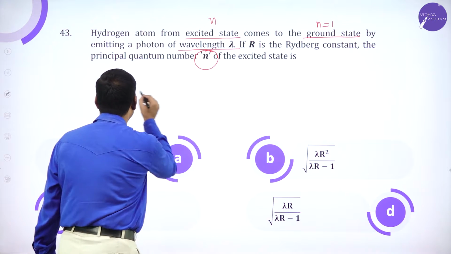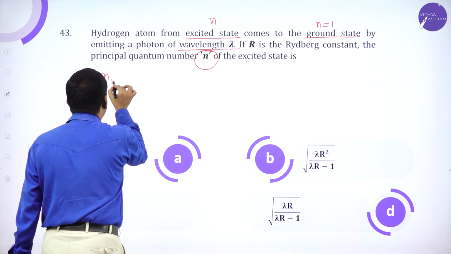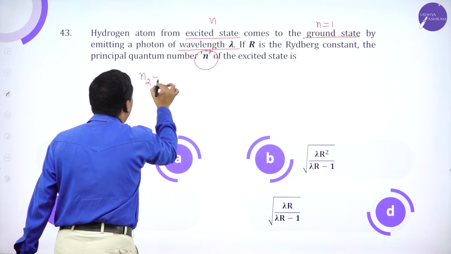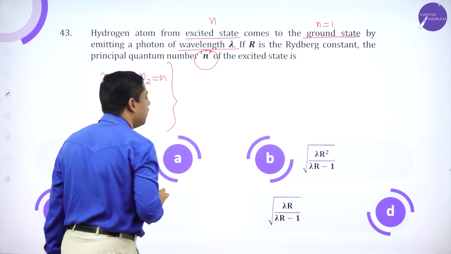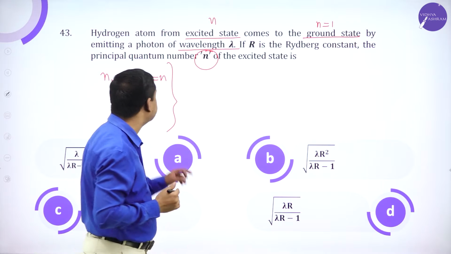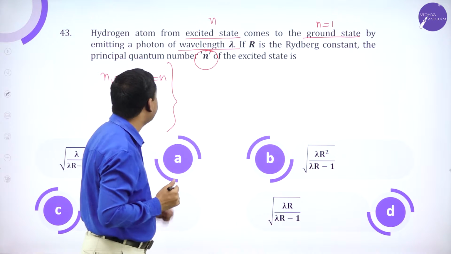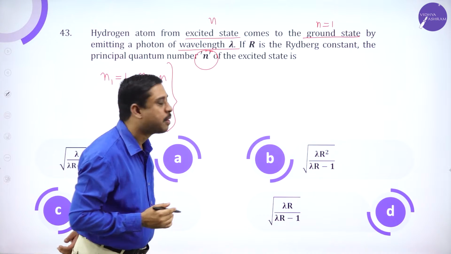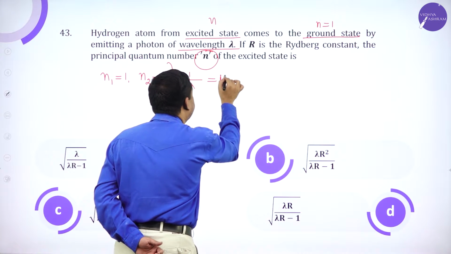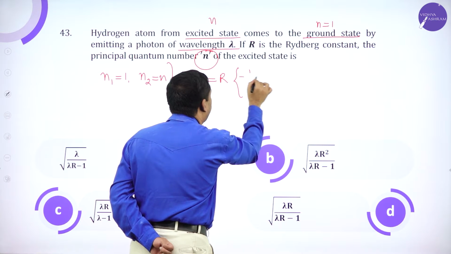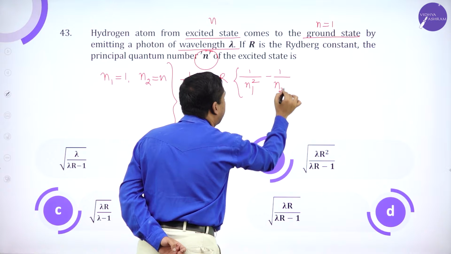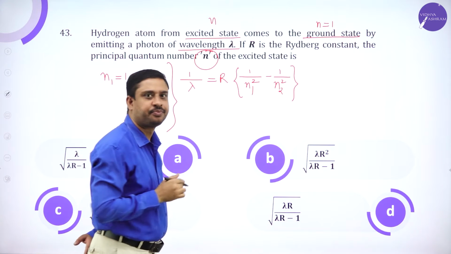Now, here n1 is 1, n2 is n. From some excited state, it comes to the ground state. n1 is 1, n2 is n. And we know 1 by lambda is R times (1 by n1 square minus 1 by n2 square).